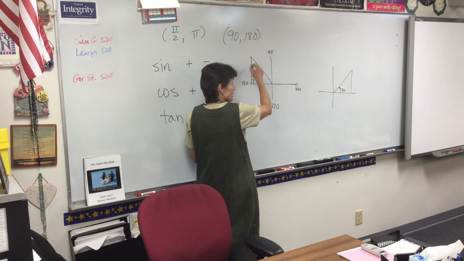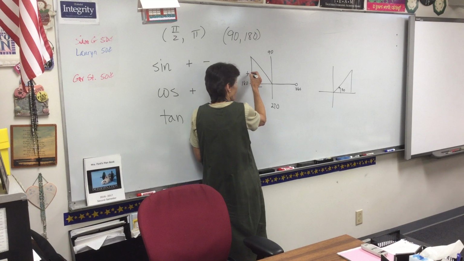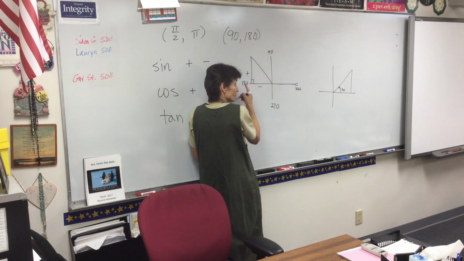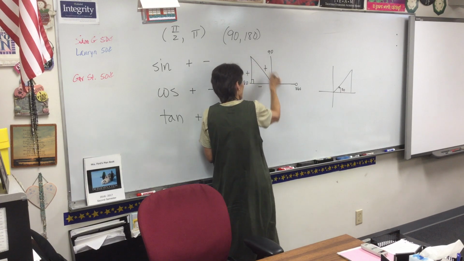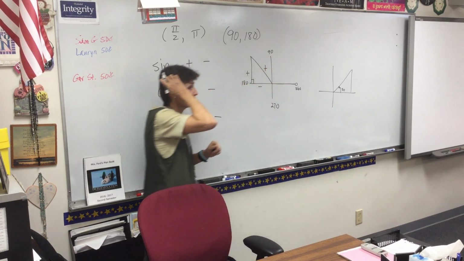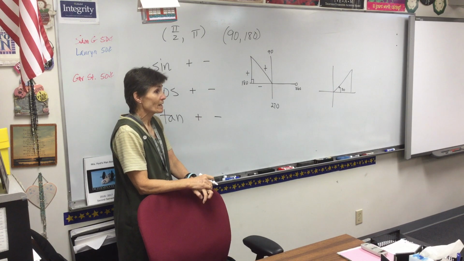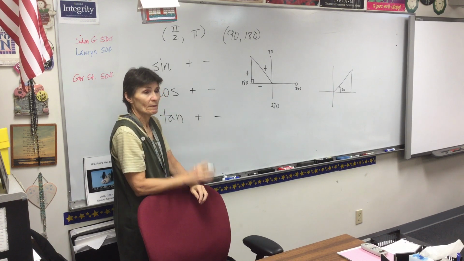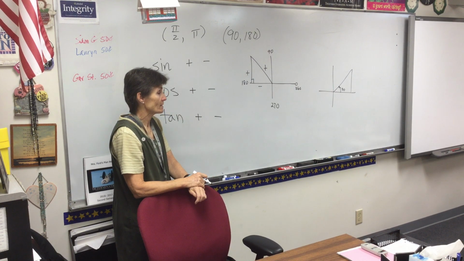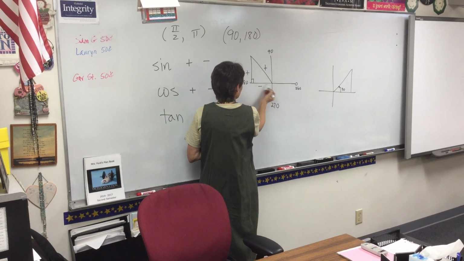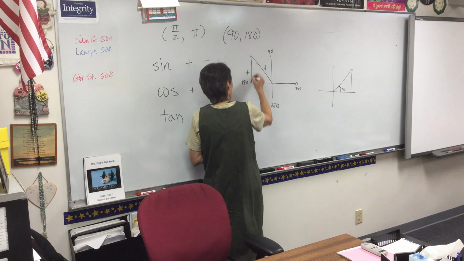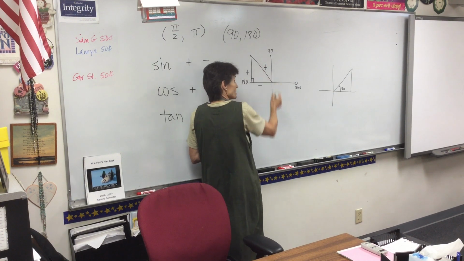And whatever this is, it would be positive, up, and the radius or the hypotenuse is always positive. We talked about that yesterday, that the radius or the hypotenuse will always be a positive number, always. So in this quadrant, your x is negative, your y is positive, and your radius is positive.